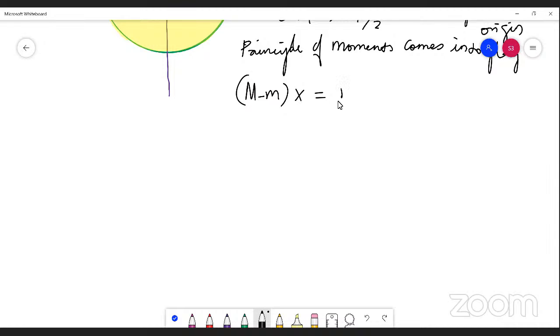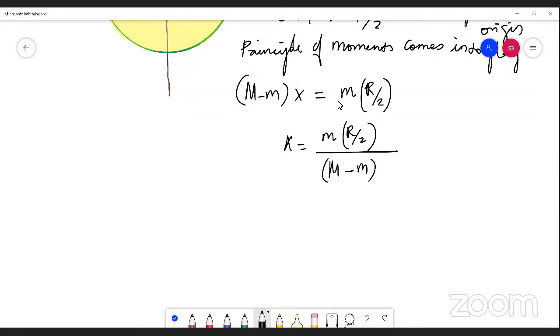Small m is the mass of the cut disk, and its center of mass is at a distance R by 2 to the right of the origin. So I can write x is equal to m R divided by 2, divided by capital M minus small m. We need to know the value of small m. If we know that, we can easily find the value of x.